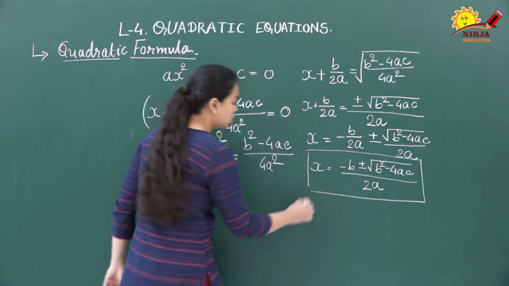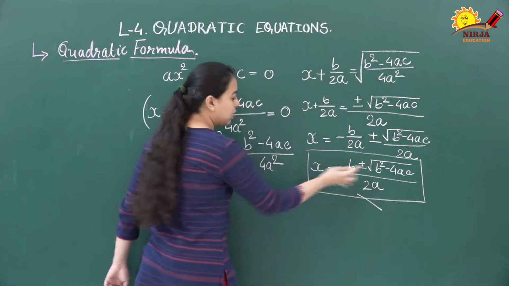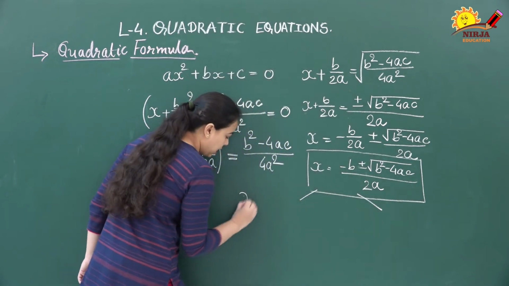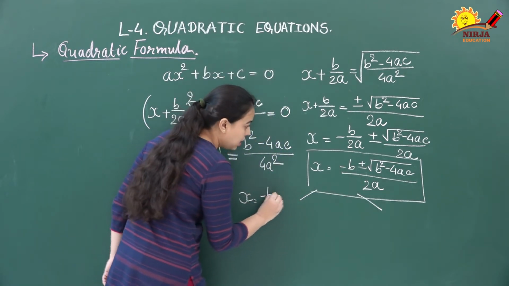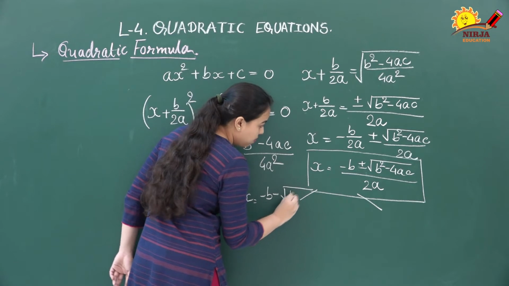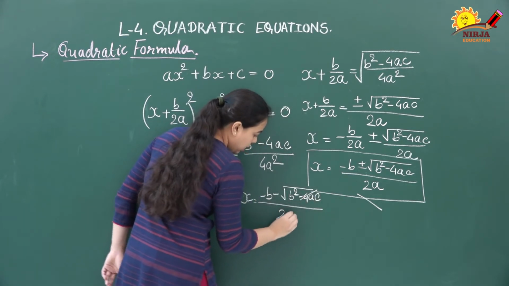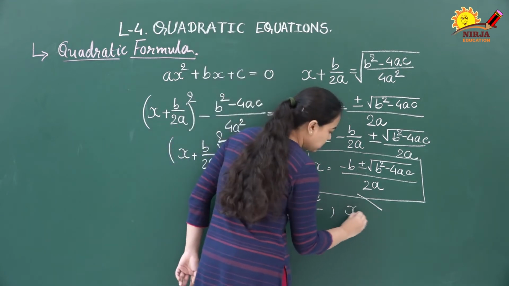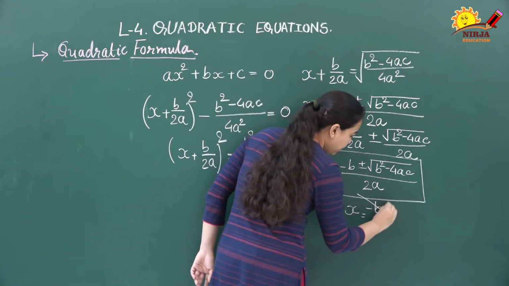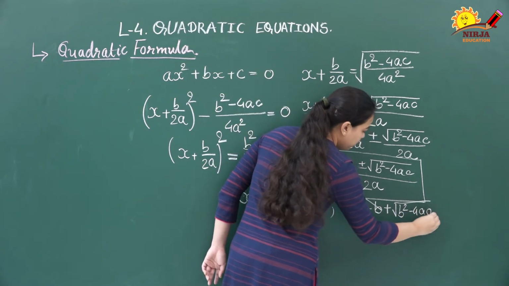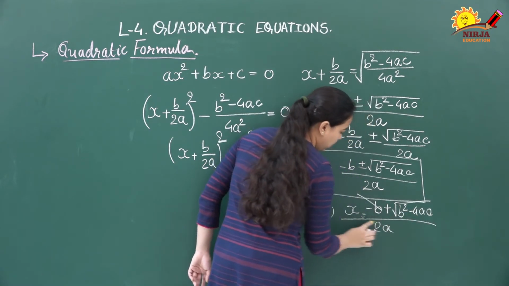So this can also be written, there are two possibilities as written. Either this can be plus or minus. So let's rewrite: x is equal to minus b minus square root of b square minus 4ac upon 2a. Another is x is equal to minus b plus square root of b square minus 4ac upon 2a.